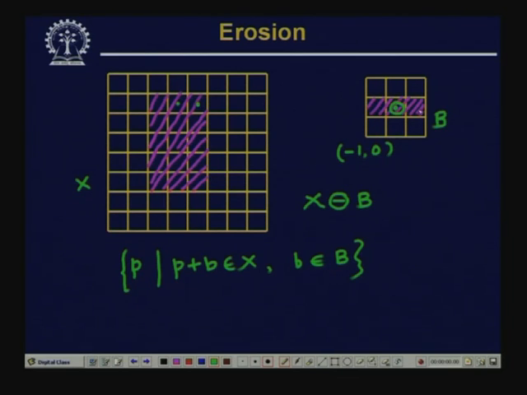But if I consider this particular point in our structuring element B, the point in this case is 1 0, and I consider this P, now you find that this P plus B, in this case B is 1 0, so P plus B, the point gets shifted to this particular location and this point is not a member of X. So, we infer that because our definition was that this condition should be true for all B belonging to the structuring element capital B, though this condition is true for B equal to minus 1 0, this condition is not true for B equal to 1 0.